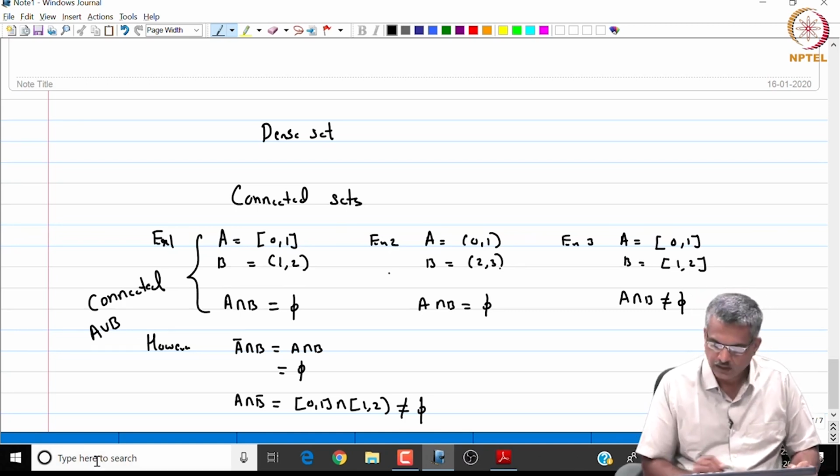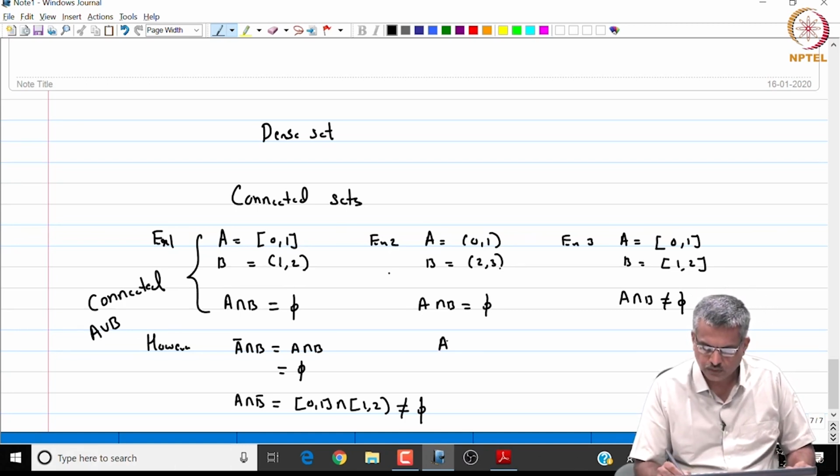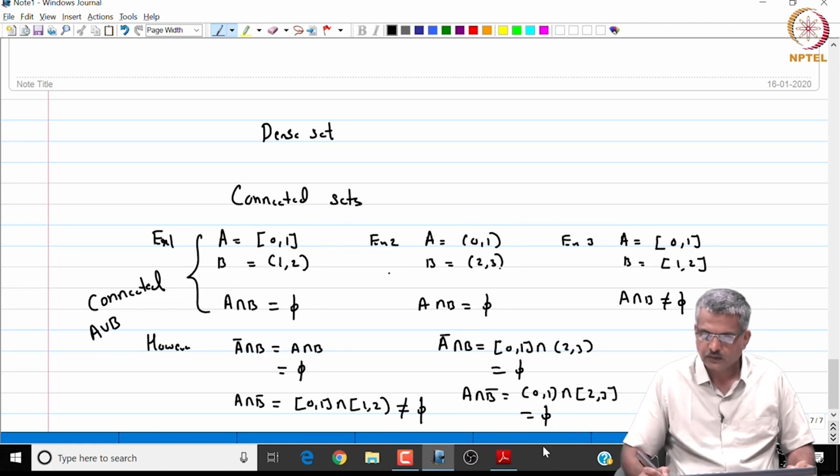Okay. Whereas, here if you do A closure intersection B, it is 0 1 intersection 2 3, which is empty, and so also A intersection B closure, which is 0 1 intersection 2 3, which is empty, right.